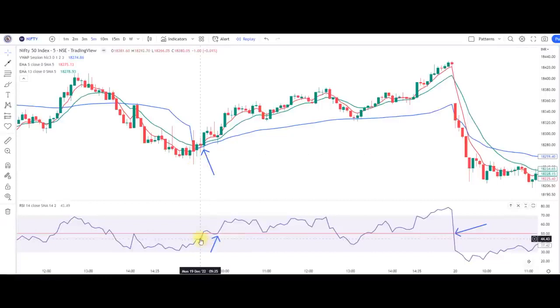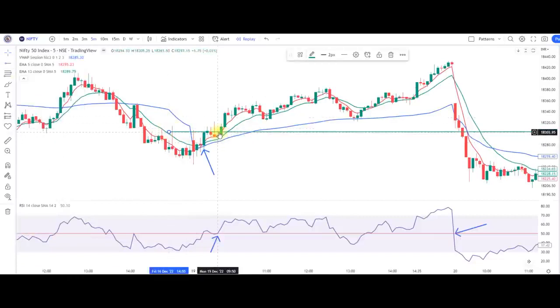Next, what happened? RSI crossed above 50, and when you see here, this green candle gave a cross. You can see the bullish crossover we got here, and this candle also gave a close above the VWAP. So one can always enter into the long trade above this particular green candle. I have put a horizontal ray above this green candle.